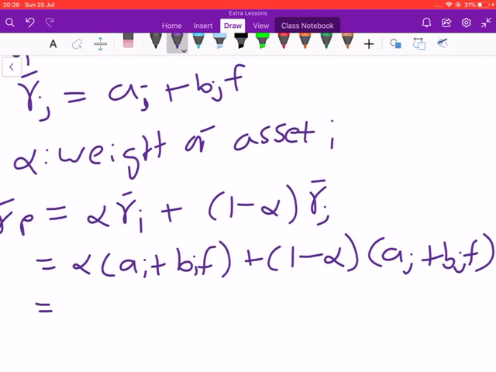So how do you simplify this? You can simplify this to write it down as a simplified factor model of a portfolio. It will have its own intercept.